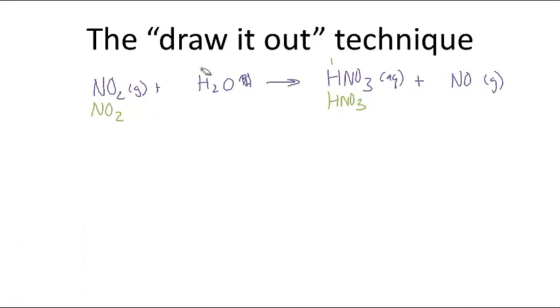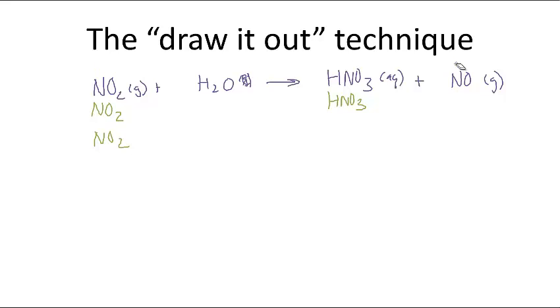So now I have 2 hydrogens on each side, but that also screwed up my nitrogens. So now, on the left side I have 2 nitrogens, but over here I have 2 plus 1, which is 3. Oh man, got to add another nitrogen dioxide over here. So now I'm back, and I know this is a little confusing, but the more you practice this, it'll be better.